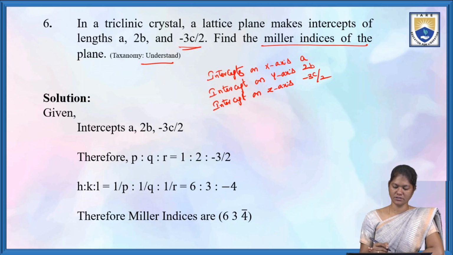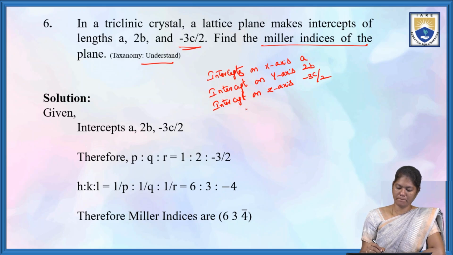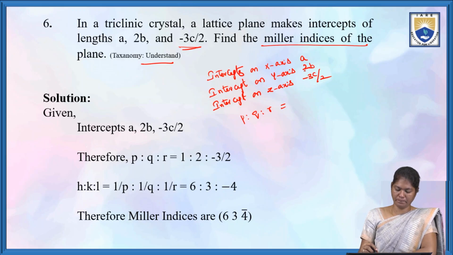Now we write them as multiples of the lattice parameter: P : Q : R equals 1 : 2 : -3/2.